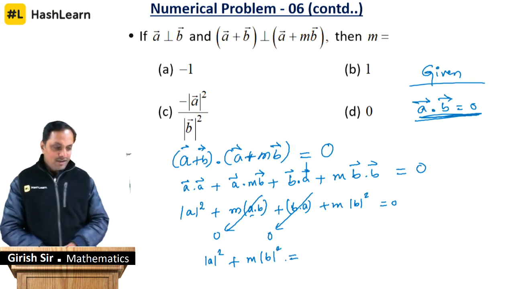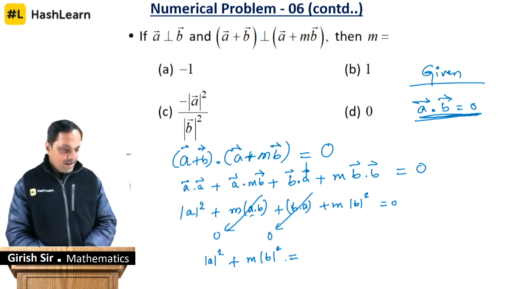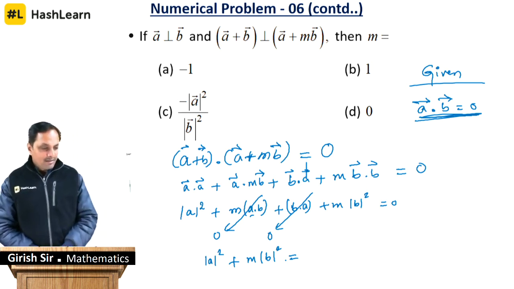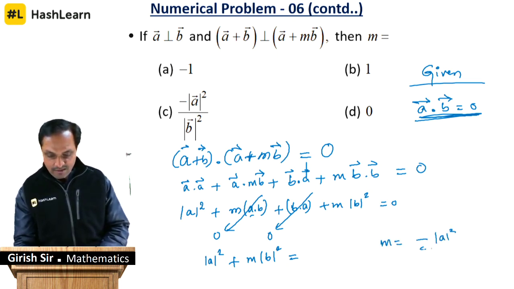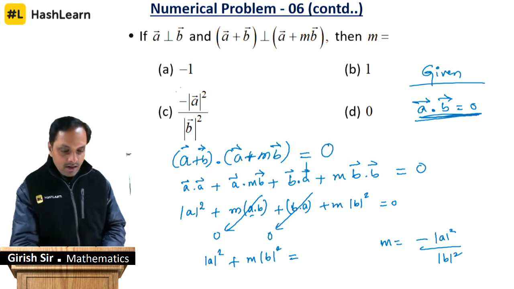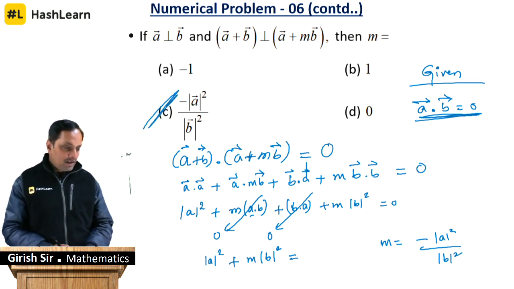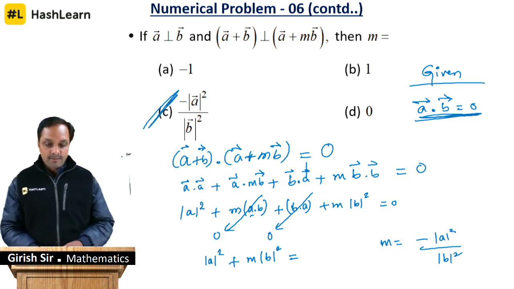Come on guys, what is your option now? Yeah, Nirmal, 1 is not the option. Peru b, no, your m should be, इसको यहाँ पे shift किए तो minus of magnitude of a square by magnitude of b whole square. Yeah, hope you all followed the steps, Nirmal, Peru and Himanshu.